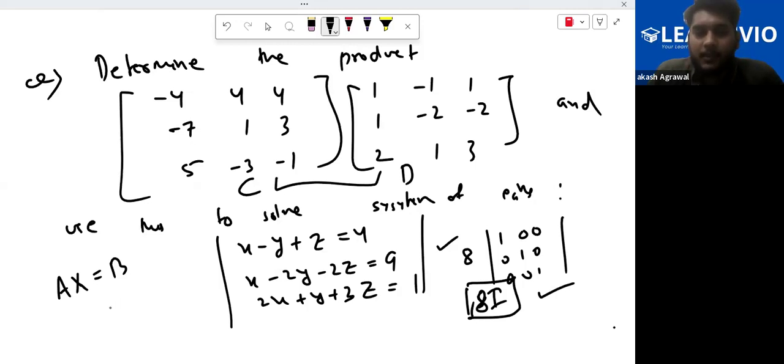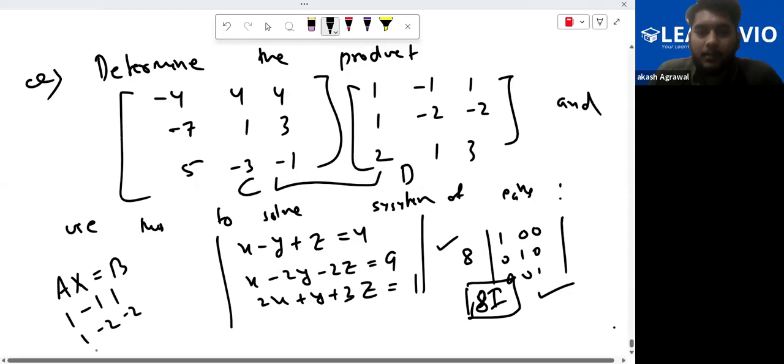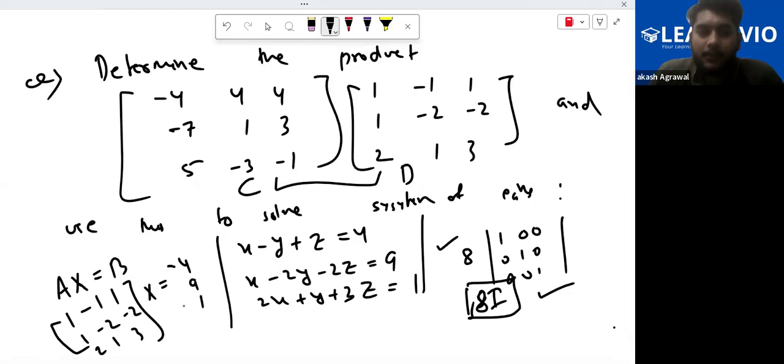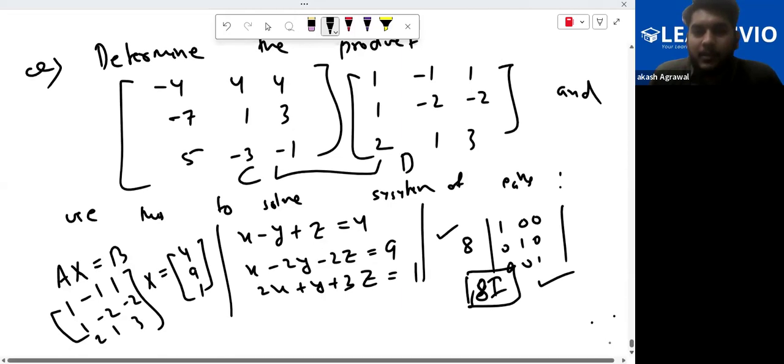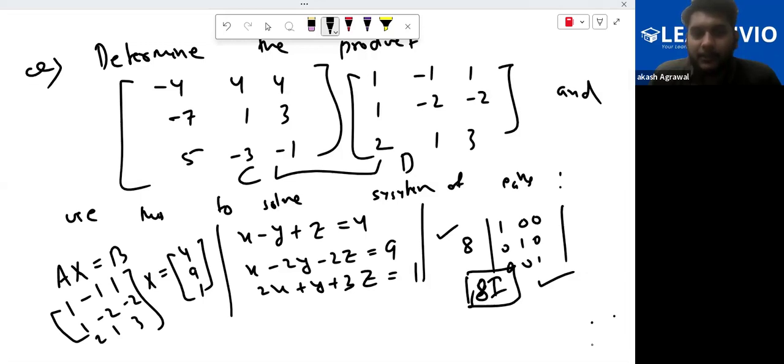The coefficient matrix: 1, minus 1, 1; 1, minus 2, minus 2; 2, 1, 3, right? X, and B is 4, 9, 1. So can you see any similarities between what they have given you to multiply and A matrix? No one sees anything? The first matrix.